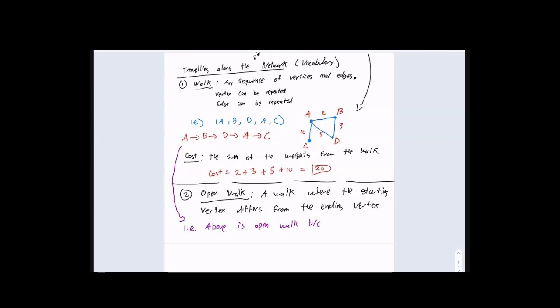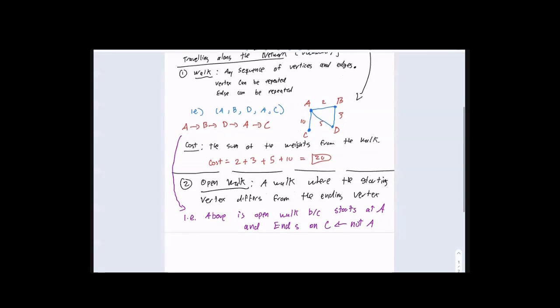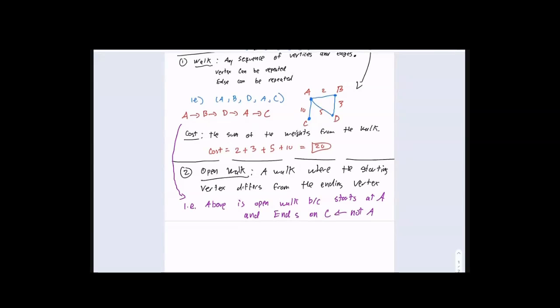Because it follows a pattern. Oh, but because it starts at A and ends on C, which is not A. Also, if it doesn't end in the same place, it's open. Correct.